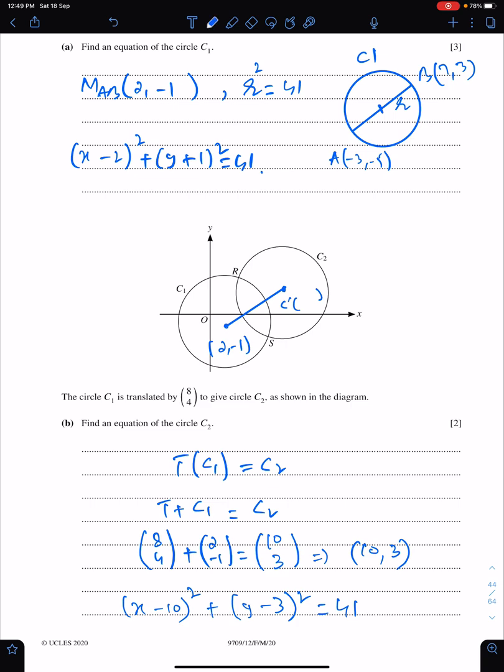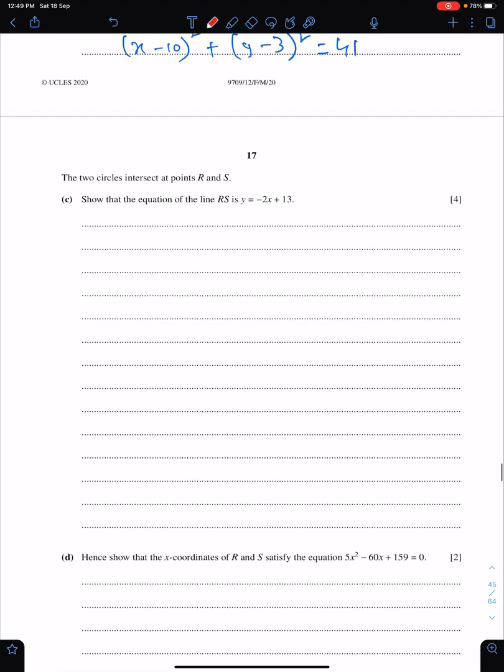This is so simple. See, RS is the chord. So from the center to the chord, and see, this is the midpoint. The midpoint of the centers of these two circles will be the midpoint of RS. So first we need the coordinates of the midpoint of RS.